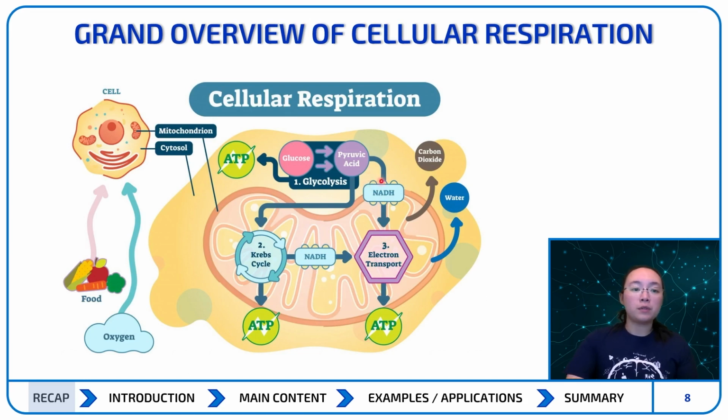So step 2 is called, where am I? Step 2 over here, the little blue arrow, step 2. We combine pyruvate oxidation and the Krebs cycle together. Pyruvate is converted into a 2-carbon molecule that's bound to coenzyme A. That creates acetyl-CoA.